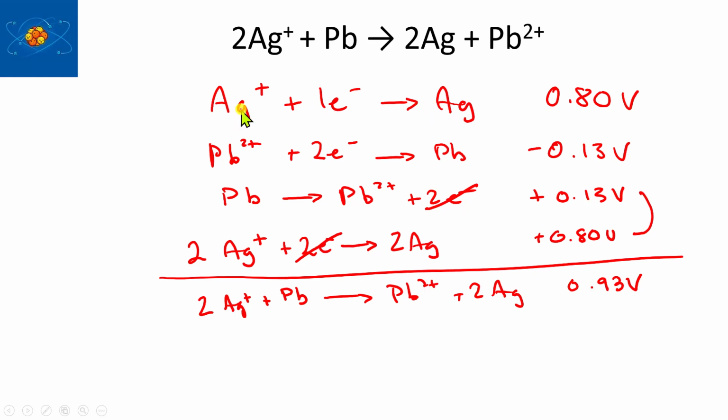But you have to remember that when you're changing the sign of this one that's down here, now this is the cathode. If I were to subtract the anode reaction with the voltage unflipped, just written as it is, I would have gotten this same value. But it's really a tricky thing to keep straight sometimes.